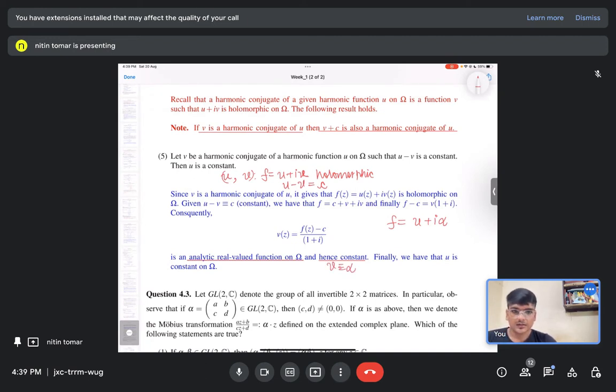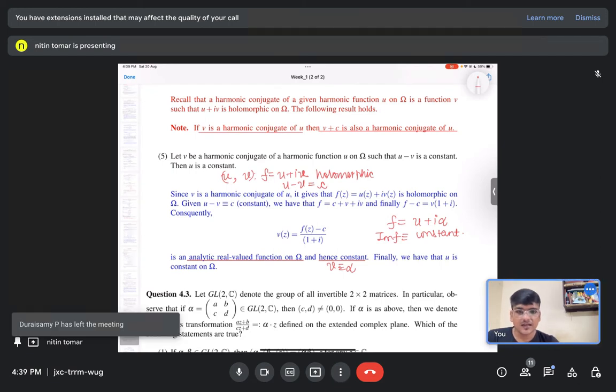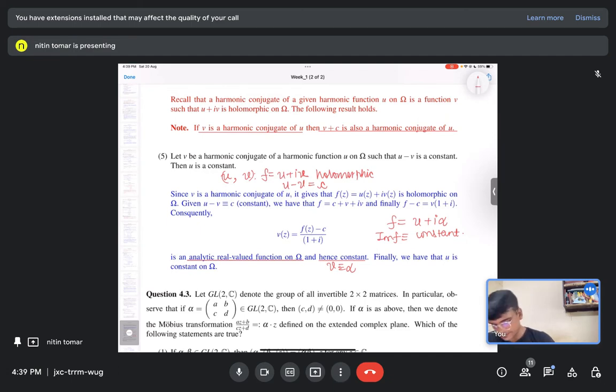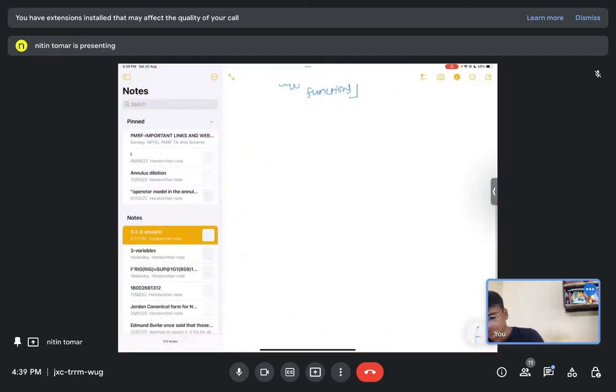Now, what can you say about functions whose imaginary part is constant? Imaginary part of f is constant, right? If f is a holomorphic real valued function, that function has to be constant. Now there is another result, again some basic facts.